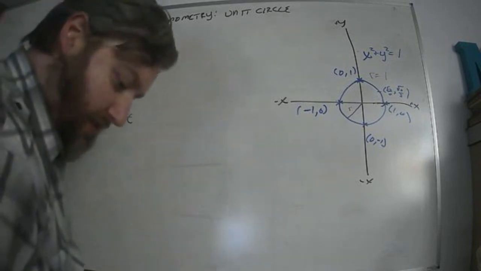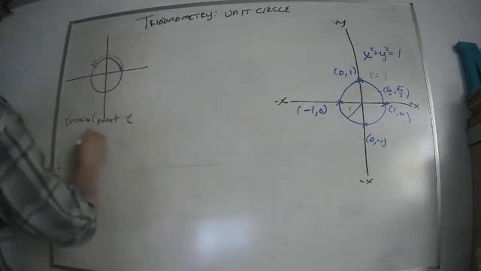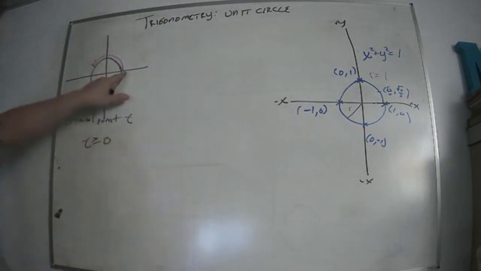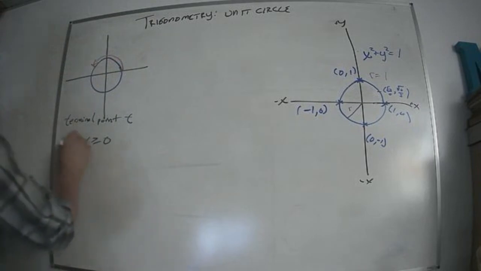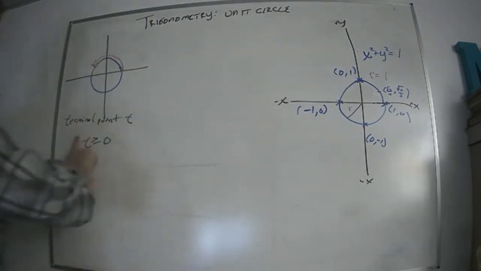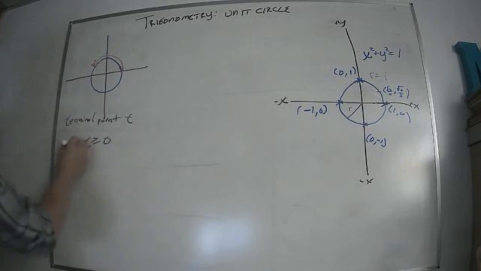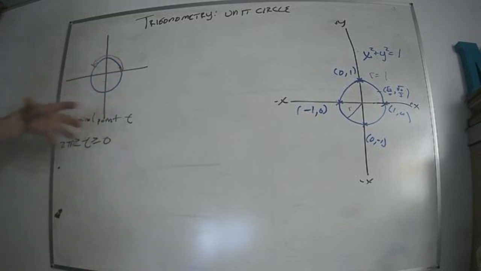has a few things. So t is greater than or equal to 0. T starts here and moves around the unit circle, and t is less than or equal to 2 pi, because 2 pi is the total distance around this circle that you can go.